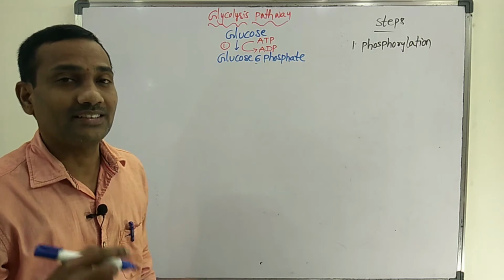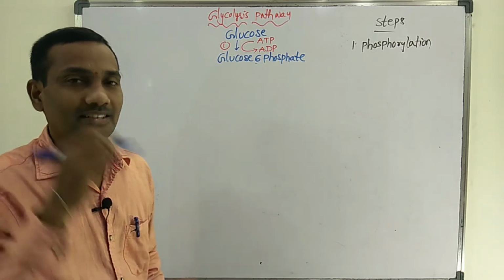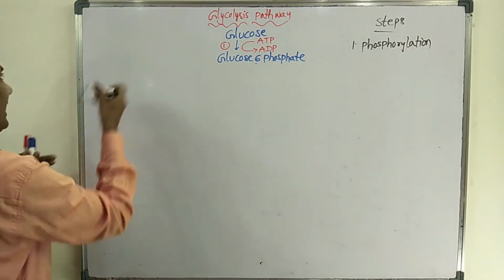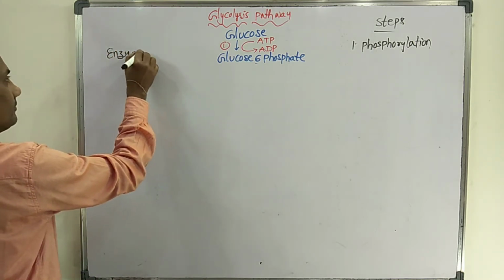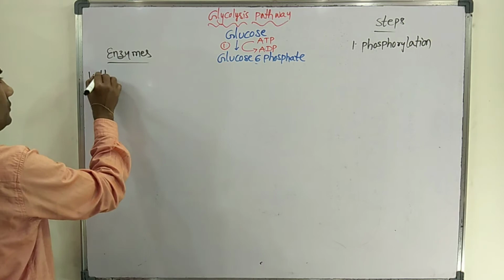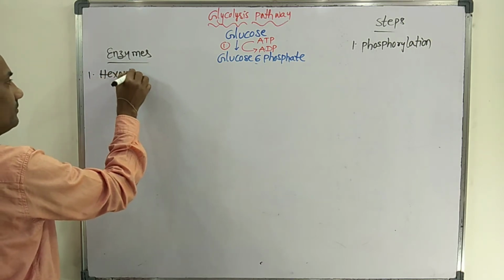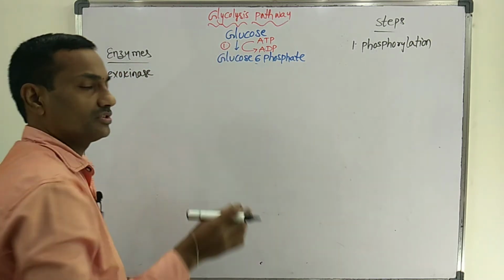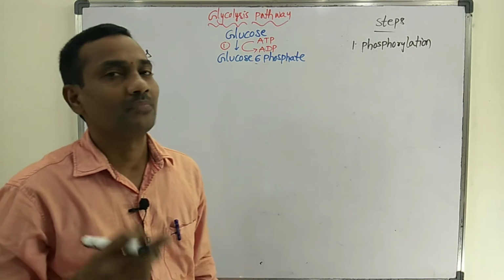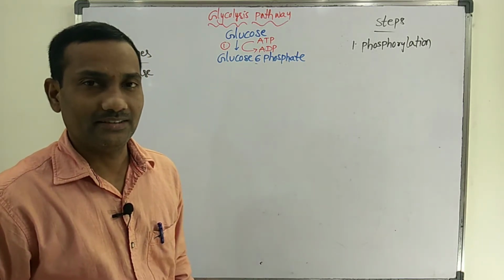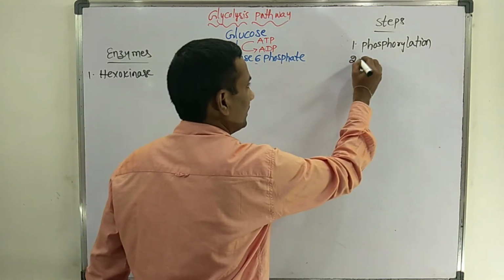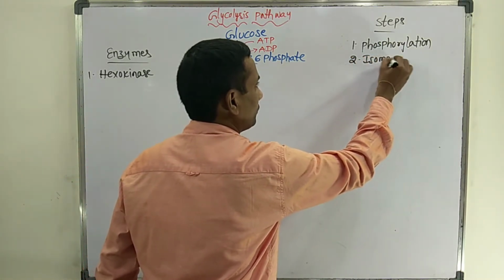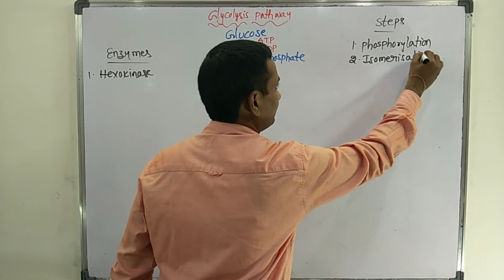This process is catalyzed by one enzyme. That enzyme is known as hexokinase. This first step is catalyzed by hexokinase, that is the one enzyme. Second step, that is isomerization.